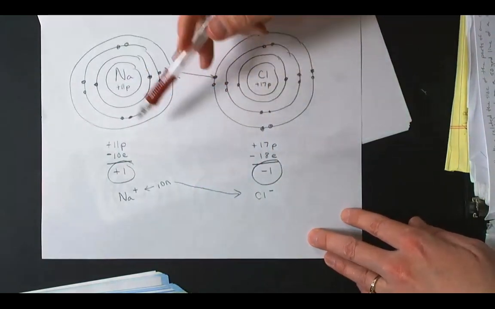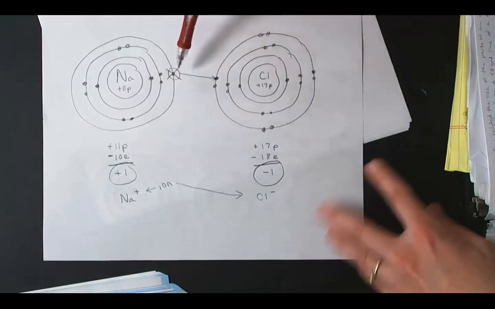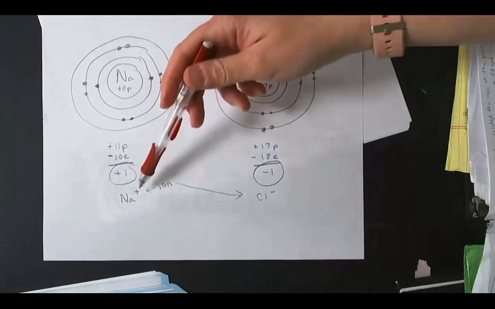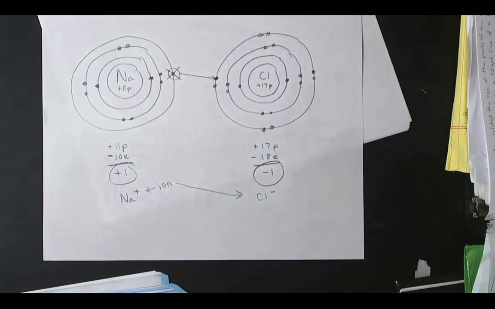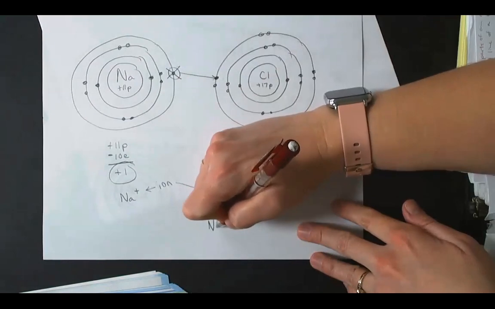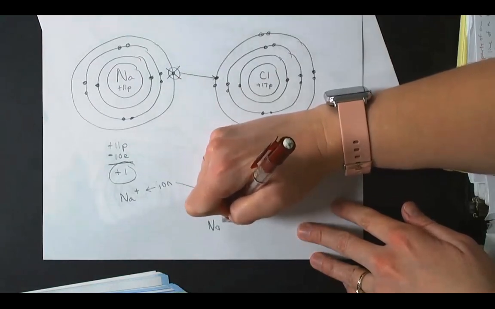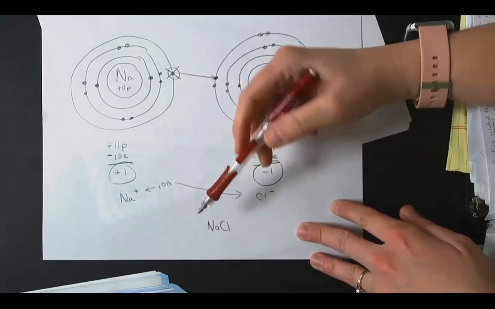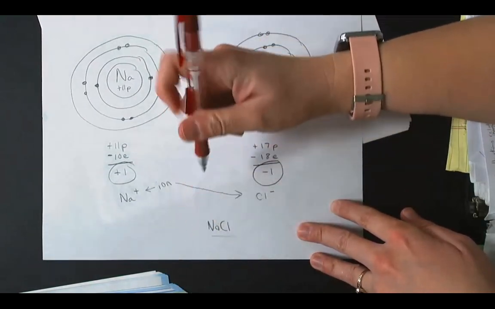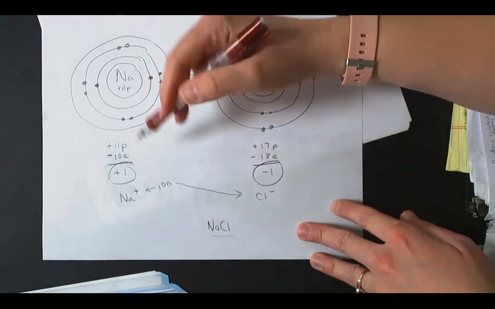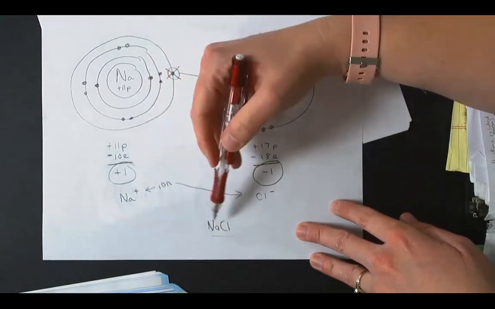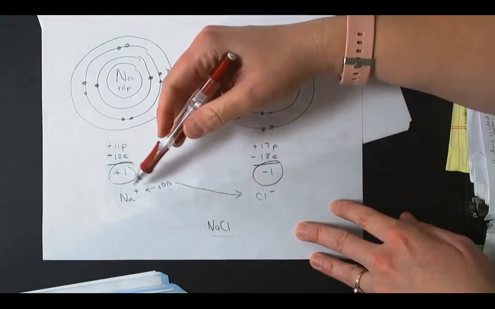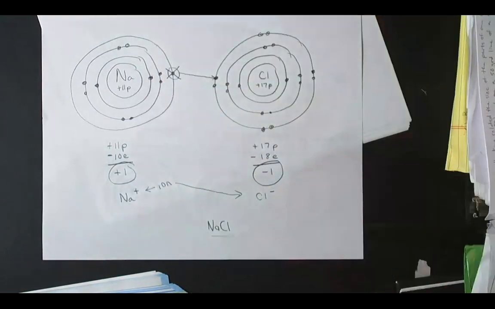But no matter what, if they're close enough to transfer an electron, once they've transferred the electron and become charged particles, they are then attracted to each other like magnets and will come together and form an ionic compound. So Na, this is why I don't write sideways, very bad, NaCl, and this formed from an ionic bond because you transferred electrons, formed ions or charged particles, and then because of the attraction of the opposite charge, they come together, and that's what forms that ionic bond.